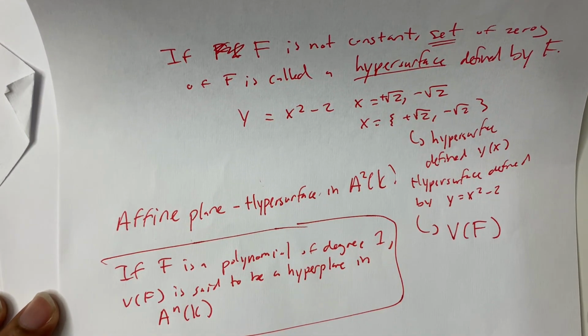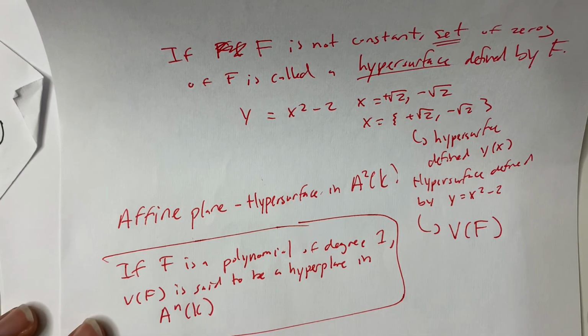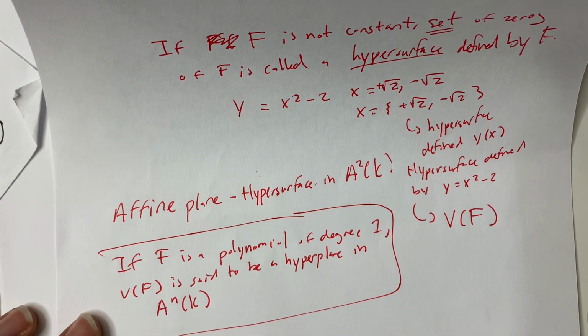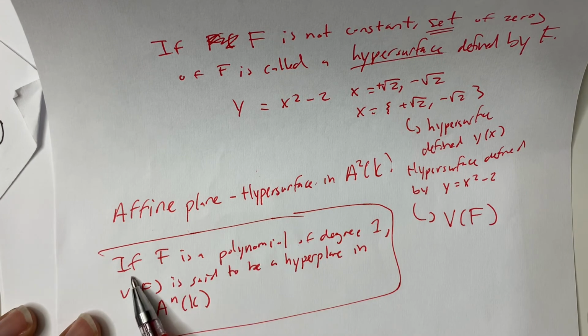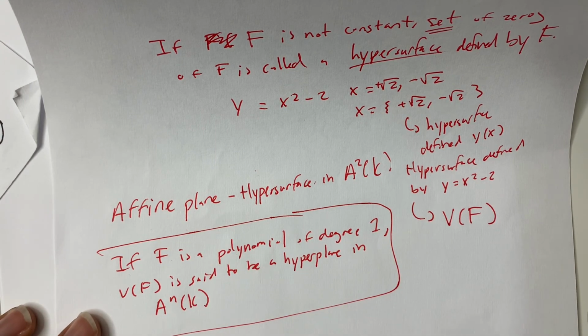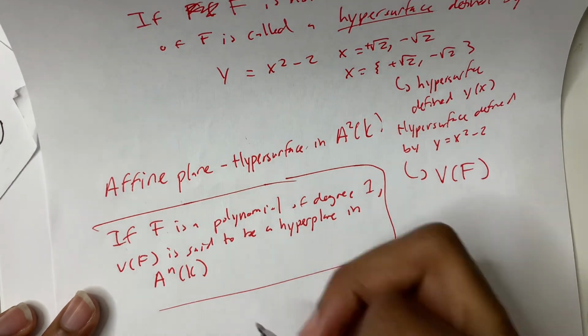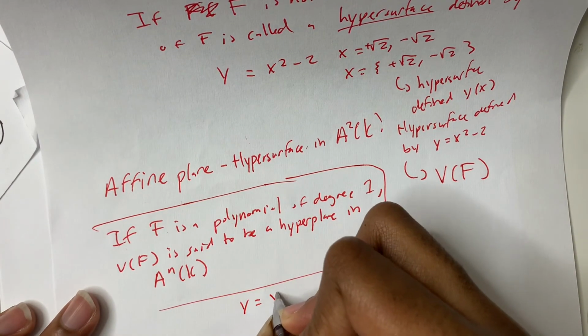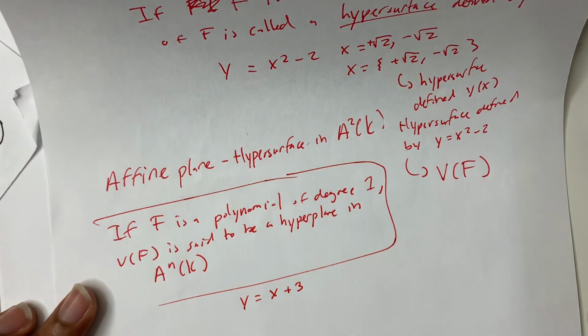So a set of zeros for R2, for example, would be called an affine plane. However, if F is a polynomial of degree 1, V of F, the set of zeros, the hypersurface, is said to be a hyperplane in A n K. So a polynomial of degree 1, an example of that is just y equals x plus 3.